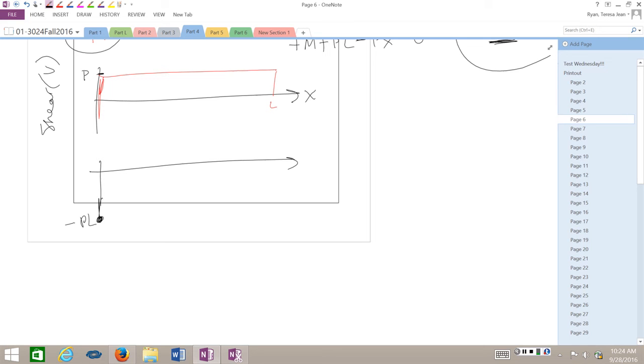There's no beam, there's nothing to hold that moment reaction, so it's got to end at 0. And in theory, that's a straight line with slope of plus P. It all jives. All right. 0 slope here, constant slope here. Life is good.